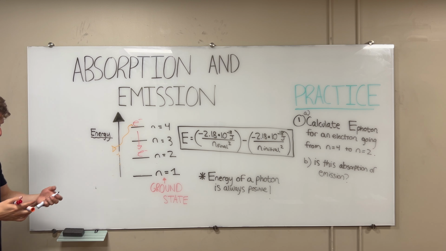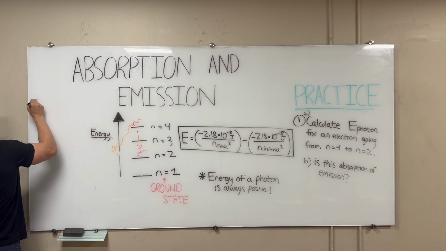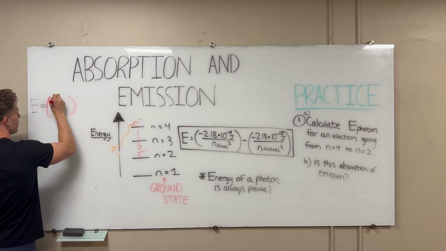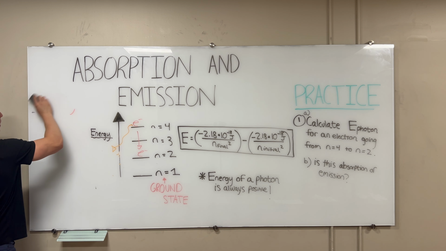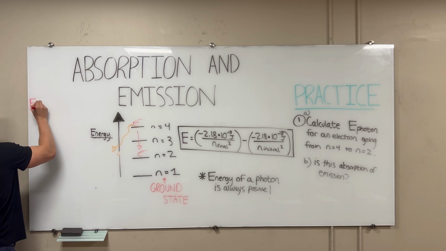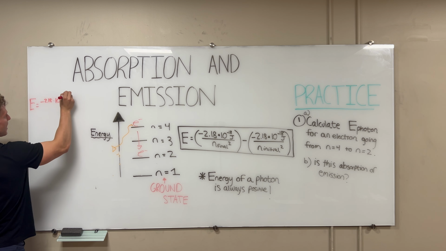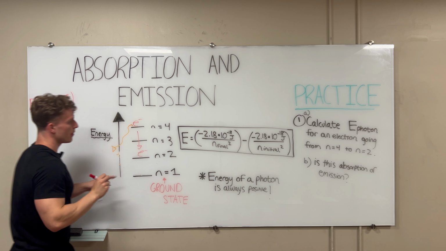So using this formula, we can calculate the energy associated with this process, right? We're going to find E. E equals negative 2.18 times 10 to the negative 18 joules over our n final squared.